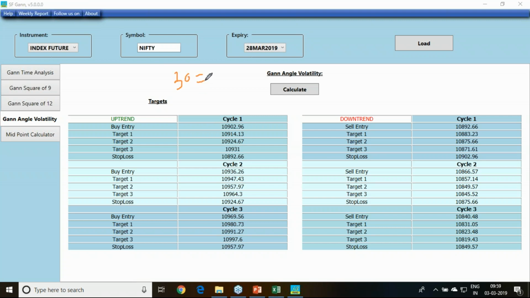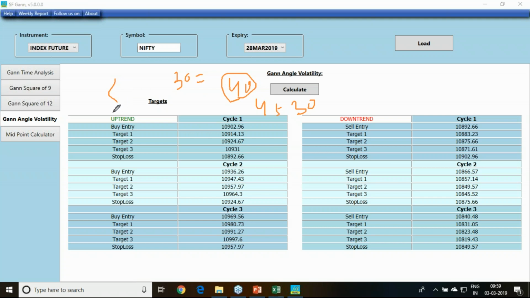All 30 stocks you observe have 40%, 45%, some 30%, so on average they are all in the high volatility zone. So here you can take 75% of the value.